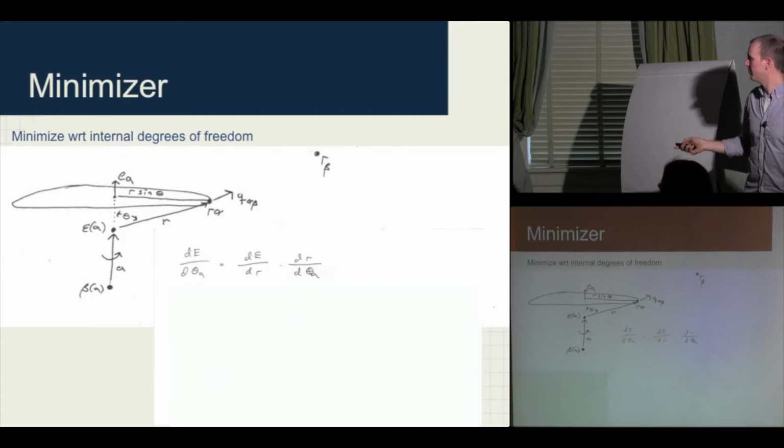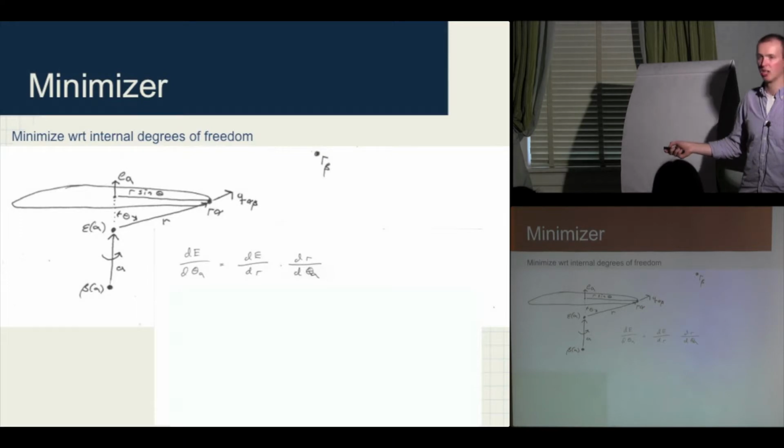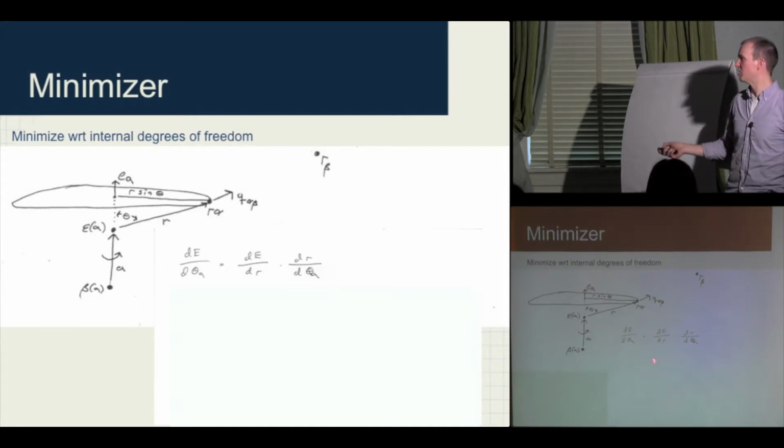So we have this function now, the change in the distance between these two atoms as a function of the rotation about this axis A, and we can compute now the change in energy with respect to the rotation about axis A by multiplying the change in distance by the change in energy given the change in distance, or the change in energy as a function of distance.